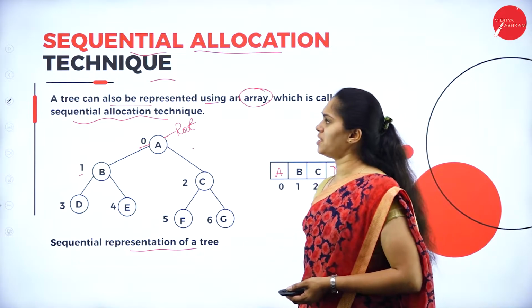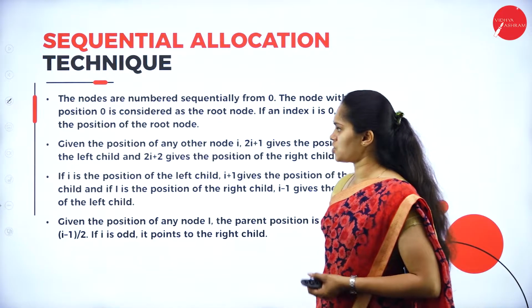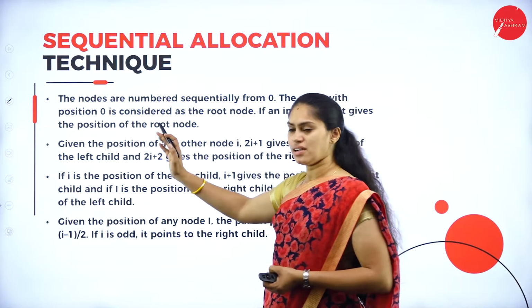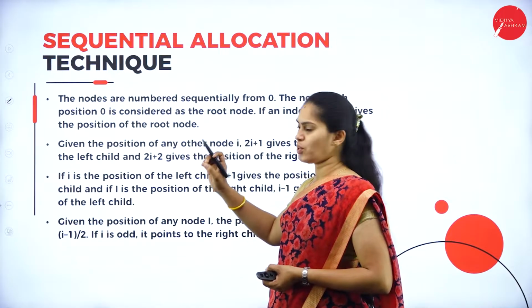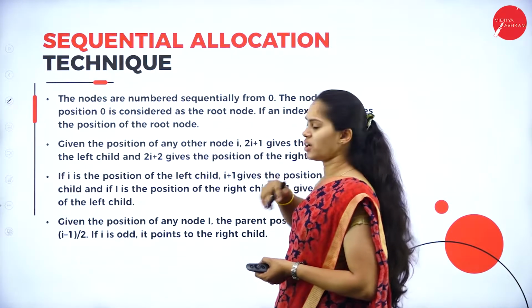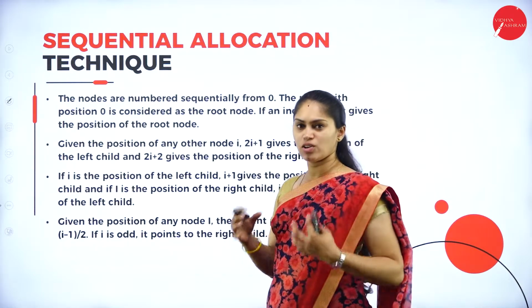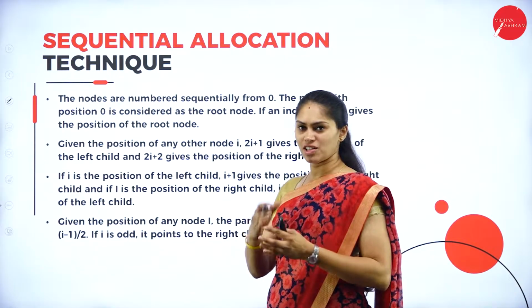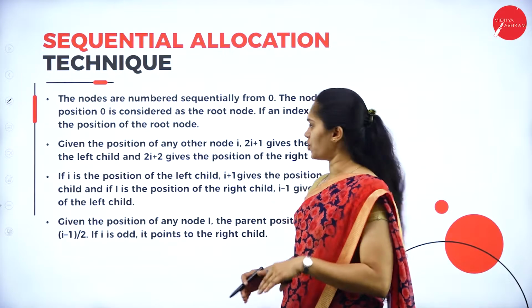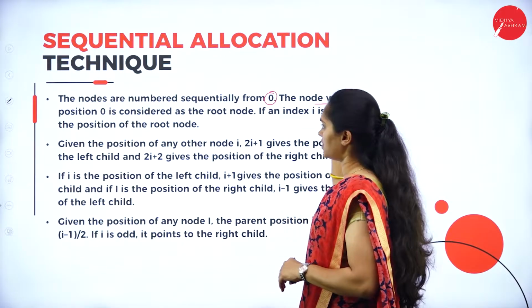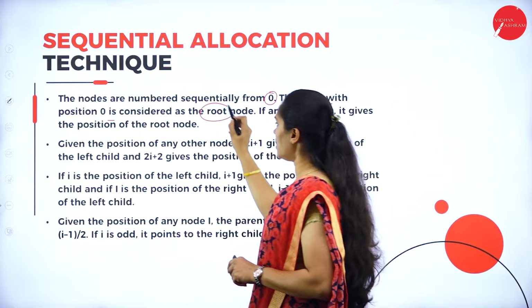In order to represent this in a sequential representation, first you need to understand certain key points. We are going to number the different nodes of a binary tree sequentially 0, 1, 2, up to the last leaf node. If the index is 0, then that position is considered the root node.